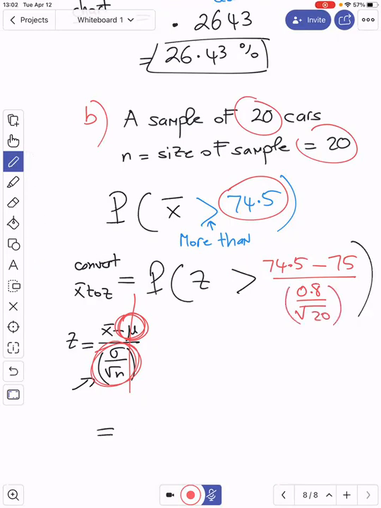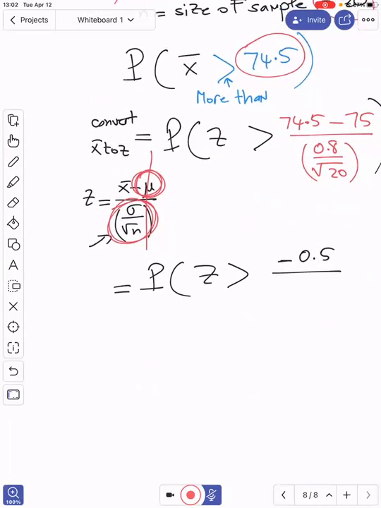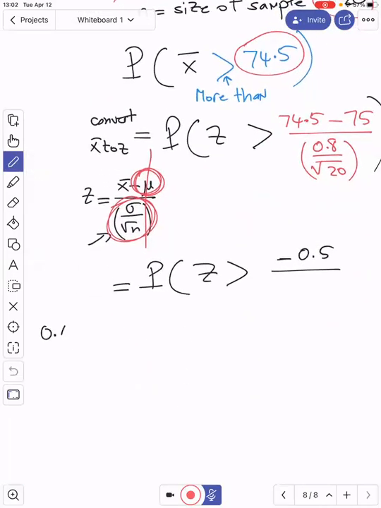So it's the probability that Z is larger than 74.5 minus 75, which is negative 0.5, on top. In the denominator, be careful because of the square root: 0.8 over square root of 20.